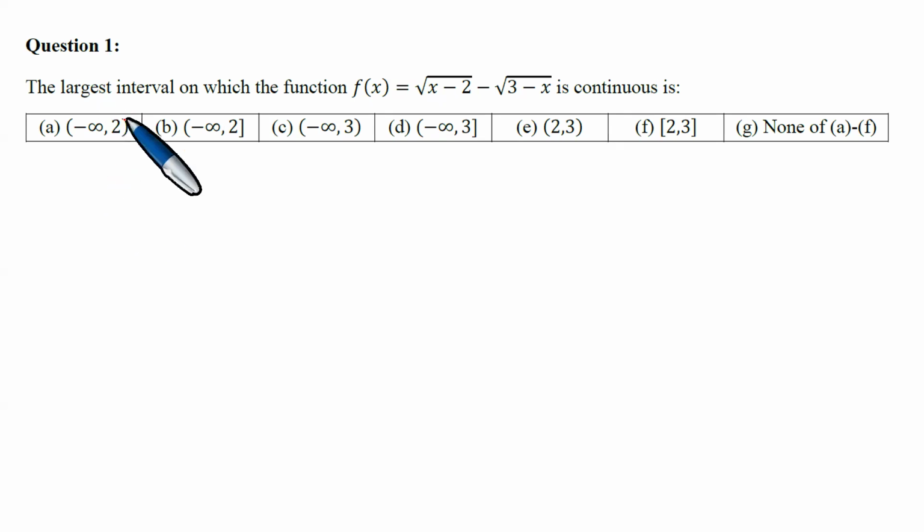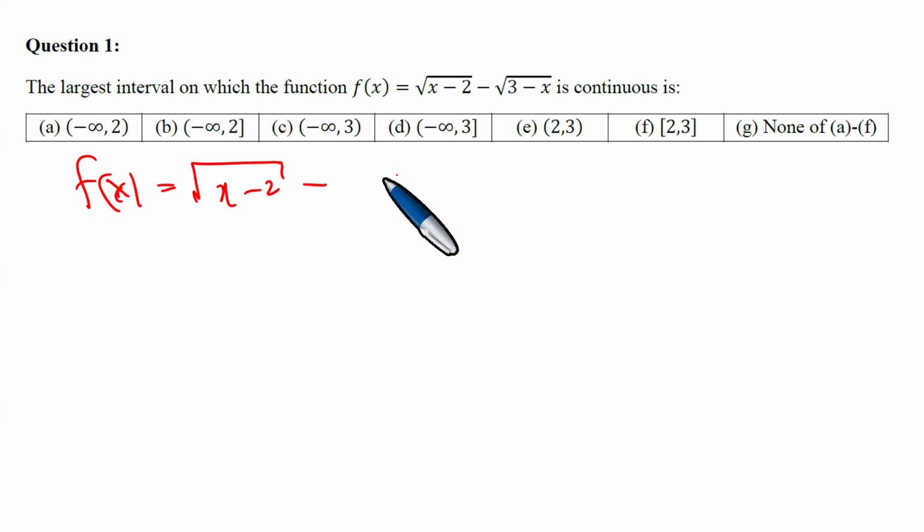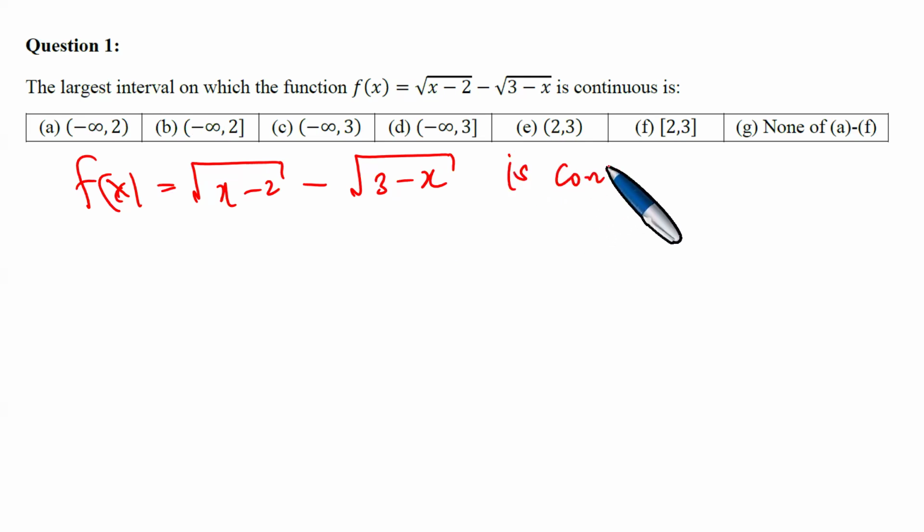So, the largest interval on which the function f of x equals the square root of x minus 2 minus the square root of 3 minus x is continuous. Right.